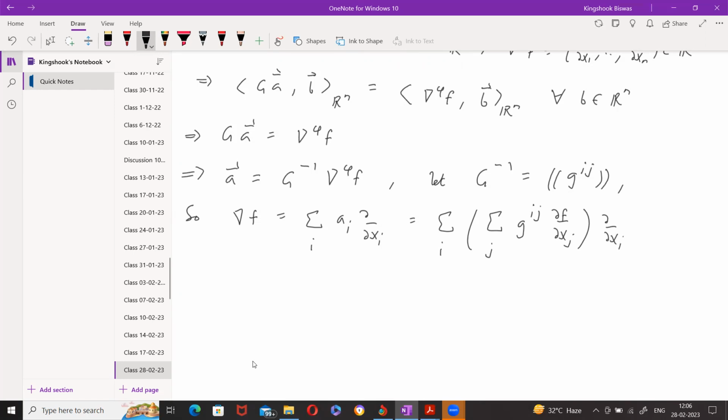So this gives a coordinate expression for the gradient vector field. In local coordinates, it looks like this. In particular, this tells you that the gradient vector field is a smooth vector field, because these coefficients are smooth.